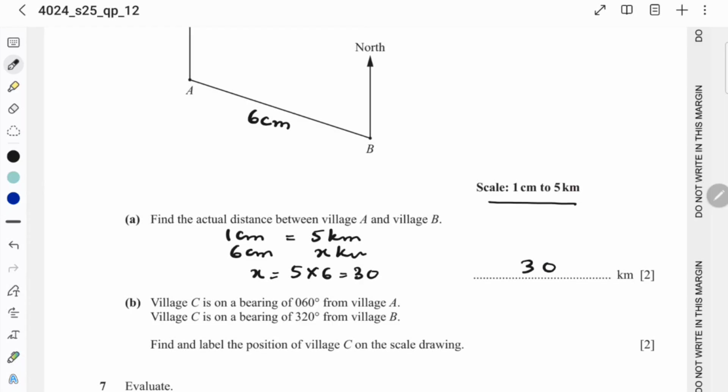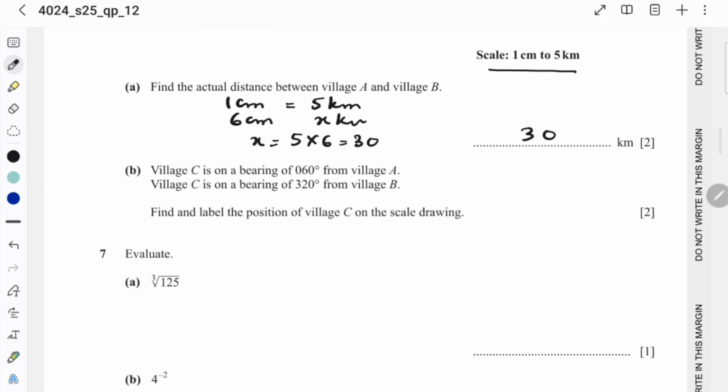In the marking scheme, the range is 29 to 31 kilometers. You can find the answer within this range. Okay, so in part B, village C is on a bearing of 60 degrees from village A, and village C is on a bearing of 320 degrees from B.